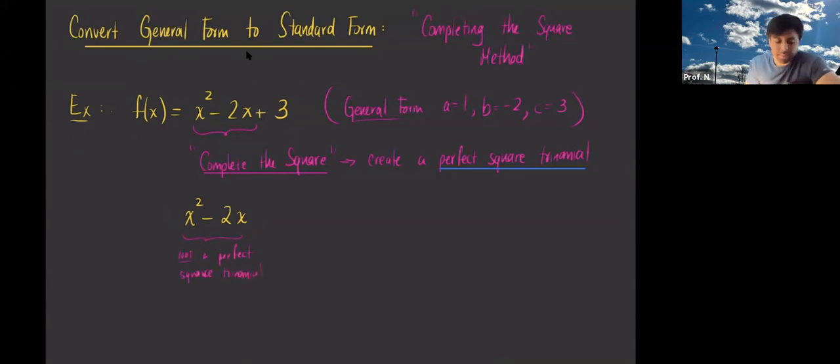Well, it's also not too bad. We take the number in front of the x, which is a 2. We're going to divide it by 2, and we're going to square it.